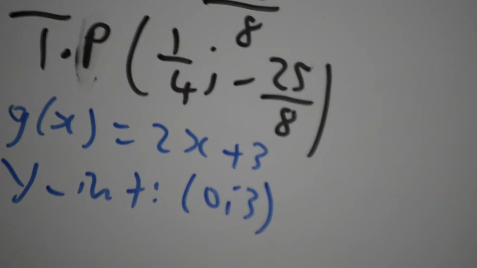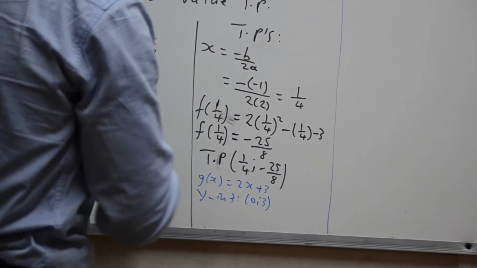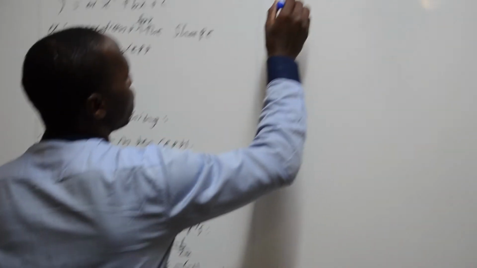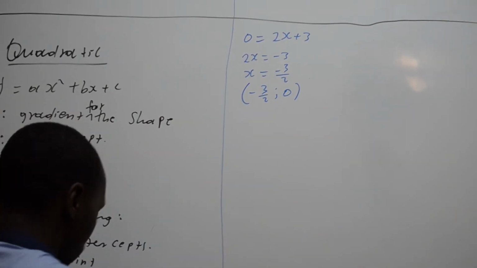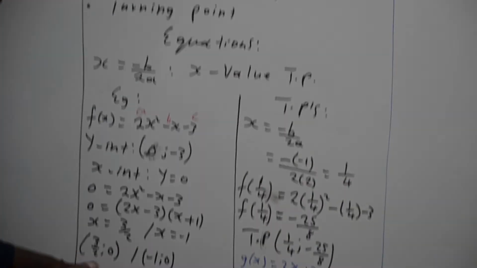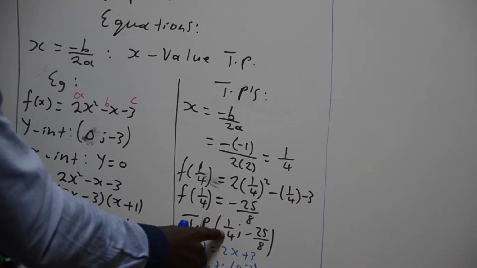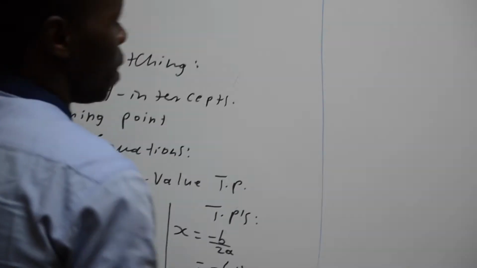Okay, it's fine. Must sketch. Looking at our points: the point minus 3 over 2, 0. Looking at the x values, 0, 3 over 2, which is 1.5, and 0.25. That means going up to 2 is the maximum.